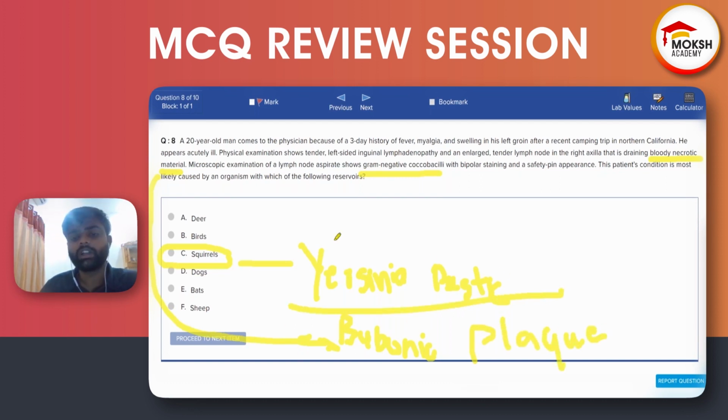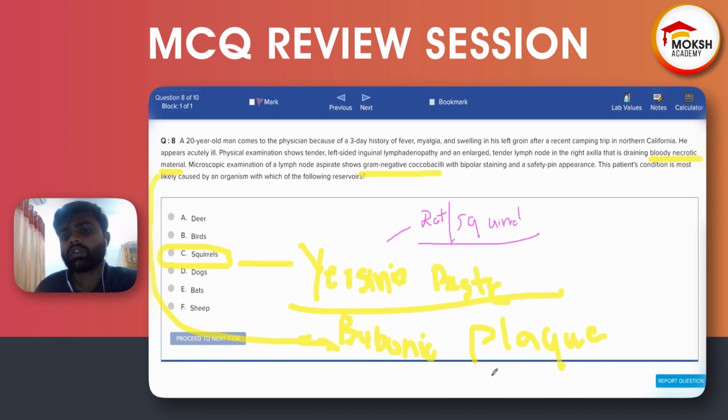So most commonly this organism is seen in rats and squirrels. How is it transmitted to humans?